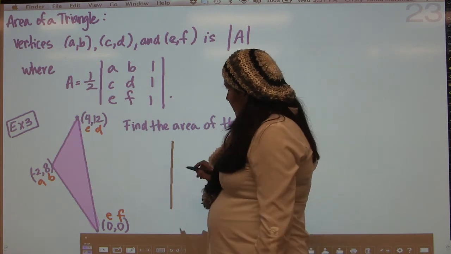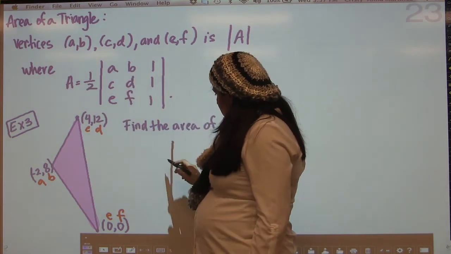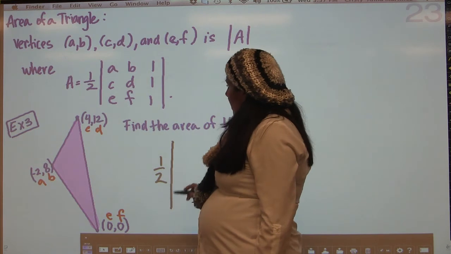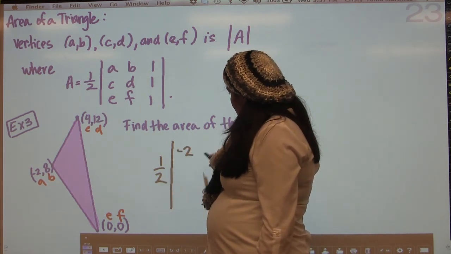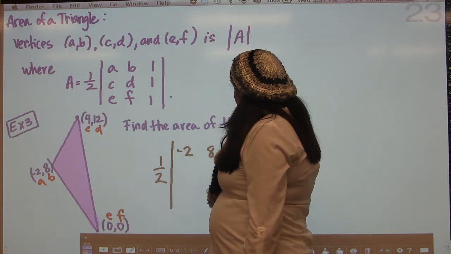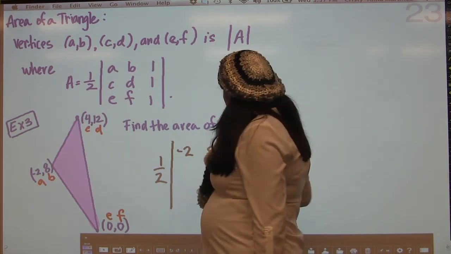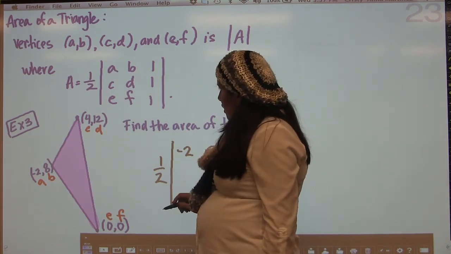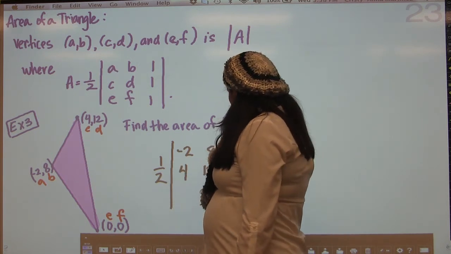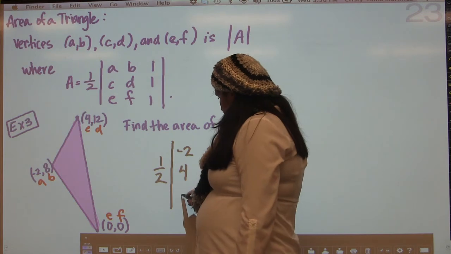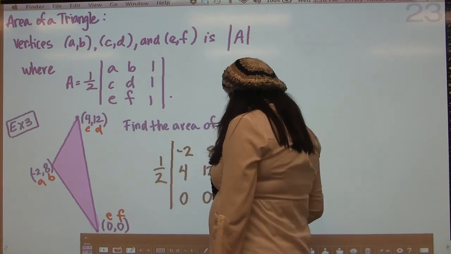So you'll see A, B, 1, so we're going to have a 1/2 out here. And we're going to have A is negative 2, B is 8, and then we always have a 1. That's part of the formula. And then we're going to do C, D, 1, and E, F, 1, 0, 0, 1.